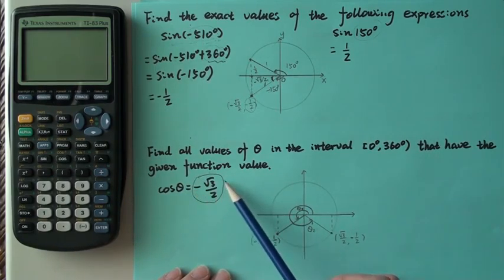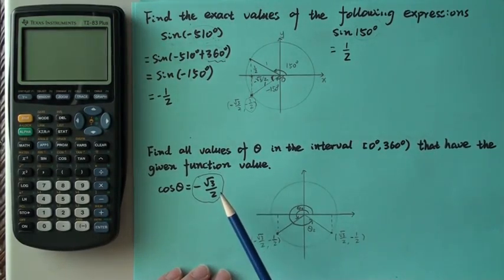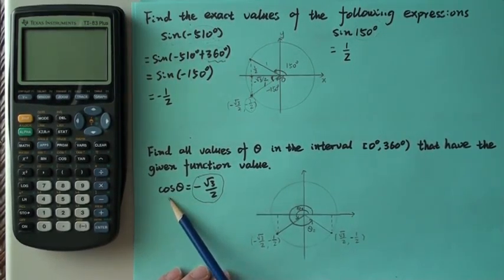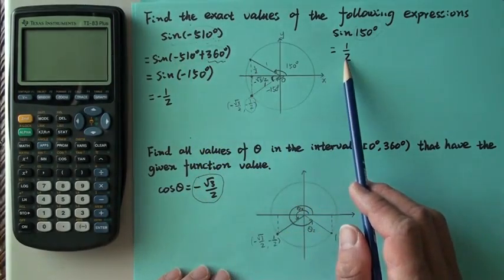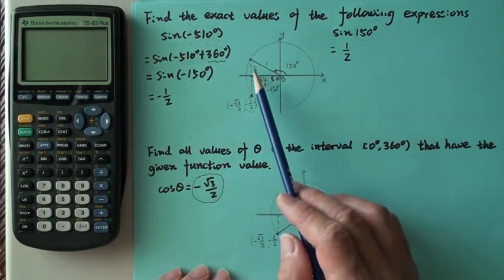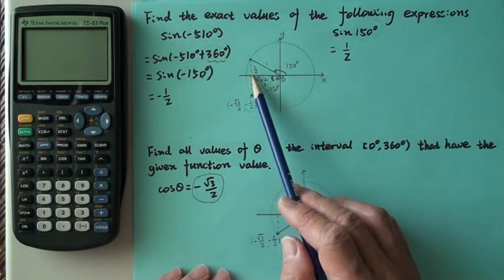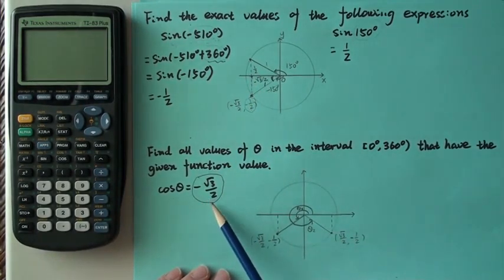We know this value is a special value. But remember, cosine is for the x coordinate. Sine is for the y coordinate. Here is the positive side, here is the negative side. Cosine is for x.